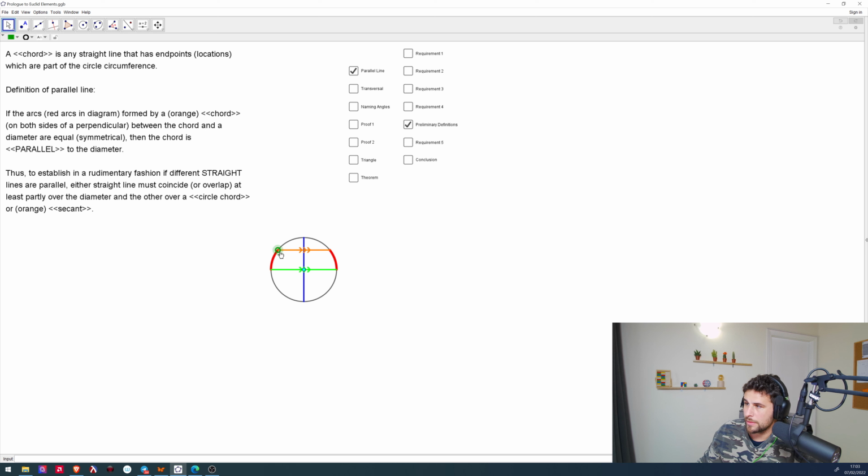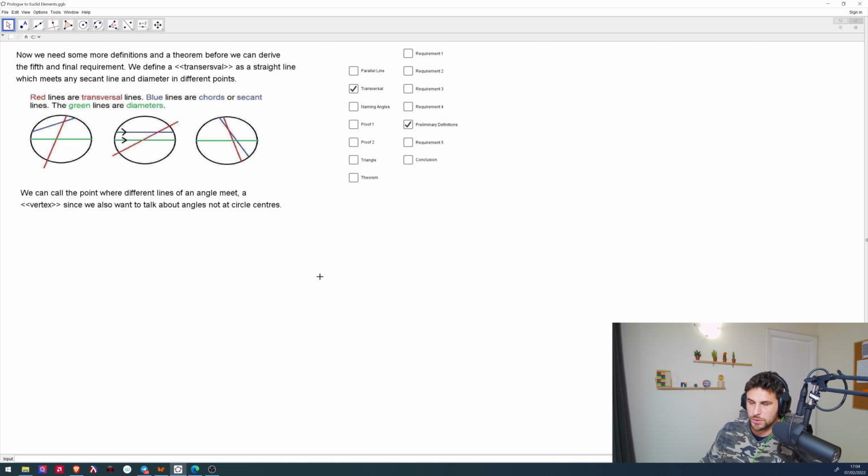If we run a chord up and down this blue line, which is perpendicular to the green line, which is the diameter, when these red arcs here are symmetrical or equal, then we can say that this orange line is parallel to the green line.